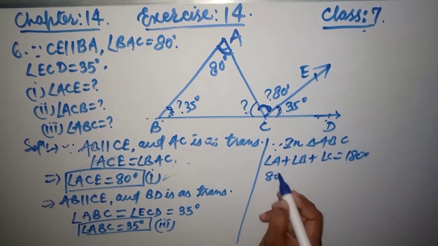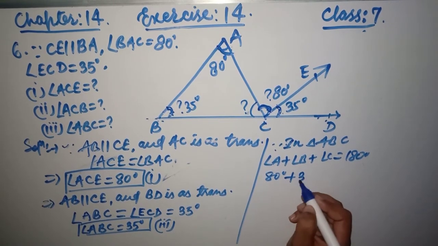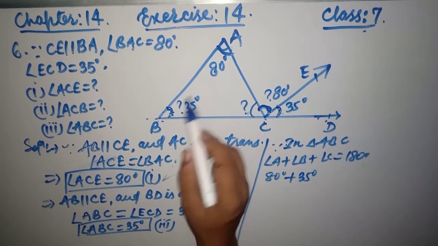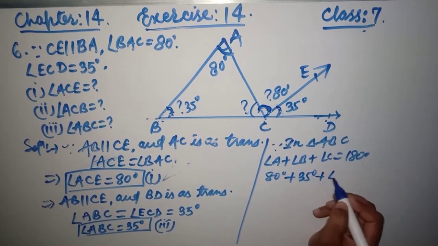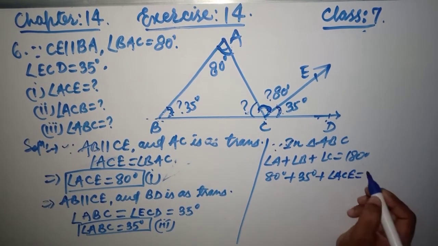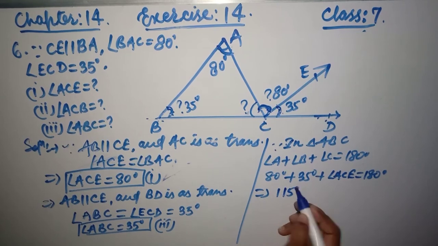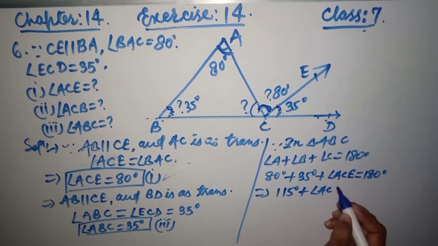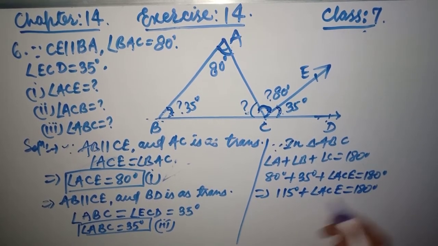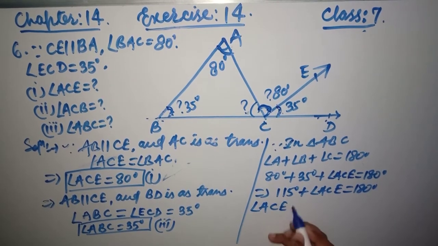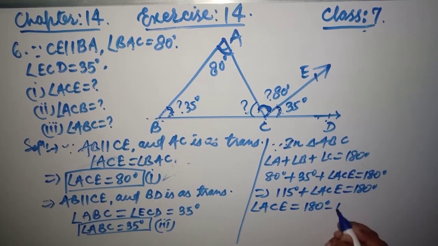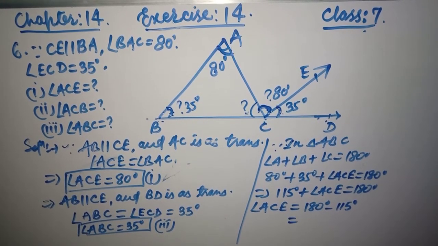So angle A is 80 degrees friends, angle B is 35 degrees, and angle C could be written as angle ACE. Now friends, add these two angles: 115 degrees plus angle ACE is equal to 180 degrees. So angle ACE is equal to 180 minus 115 degrees. Now subtract, this becomes 65 degrees.